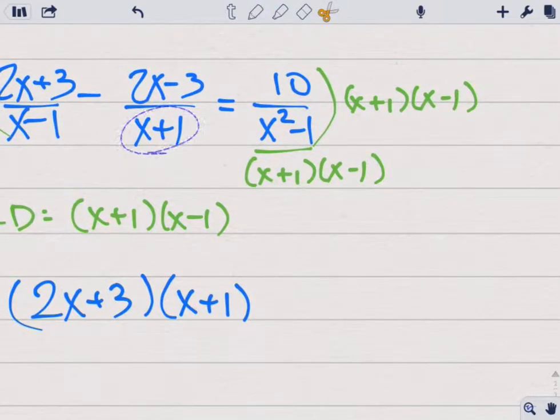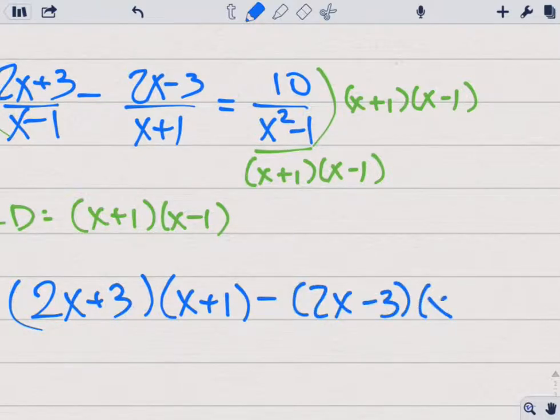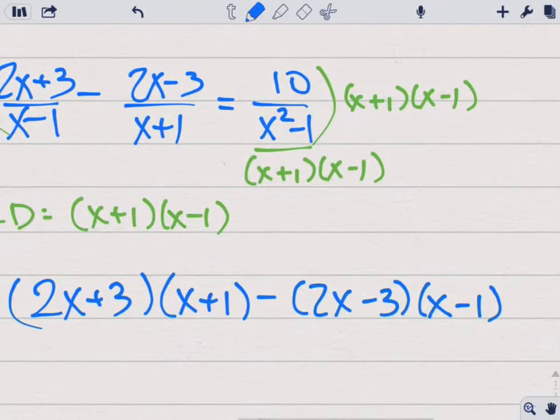The x plus 1 and the x plus 1 cancel, so I'm left with minus 2x minus 3 times x minus 1. And then remember, this stuff right here is the same as x squared minus 1. And so x squared minus 1 over x squared minus 1, that just gives me 10.